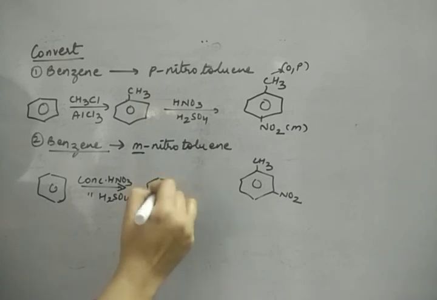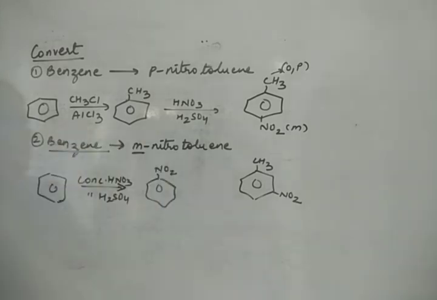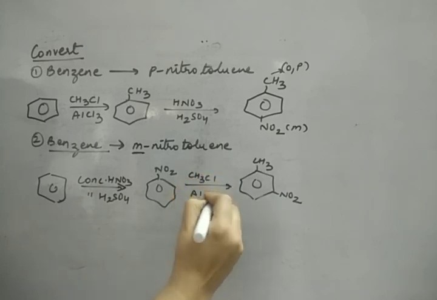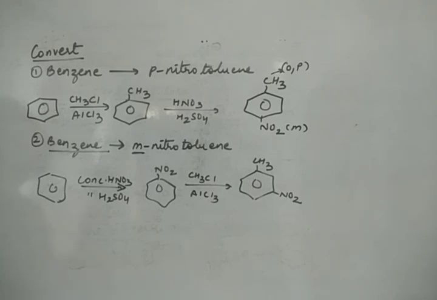So first NO2 will come. Now CH3 group is introduced like this. So this is how you will get questions. Whatever product you want to make, suppose you want to make ortho product, then introduce first that group which is ortho-para director. Suppose you want to make meta product, then introduce first that group which is meta director.